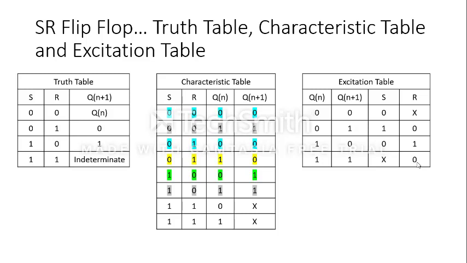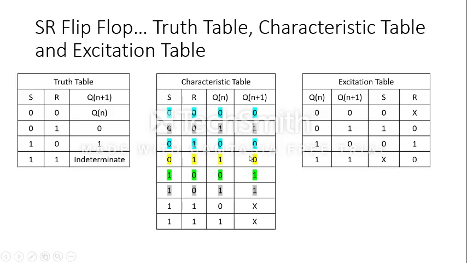Now think for which variable you can get this. From this characteristic table your output is Qn plus 1, and all the other three are inputs. So you will find Qn plus 1 in terms of S, R and Qn.